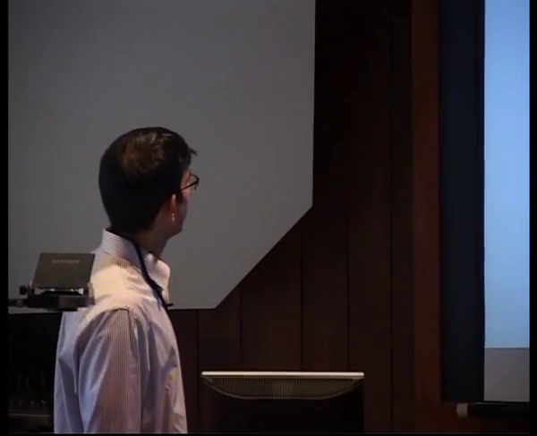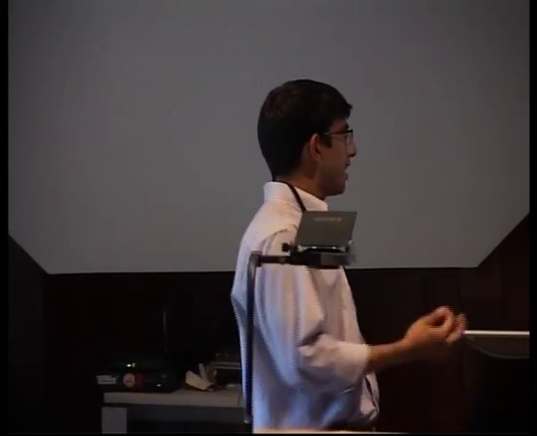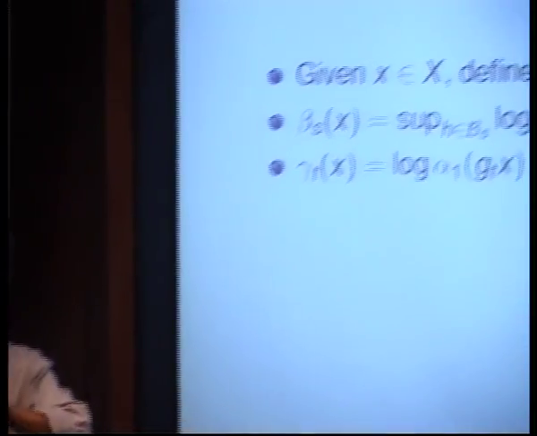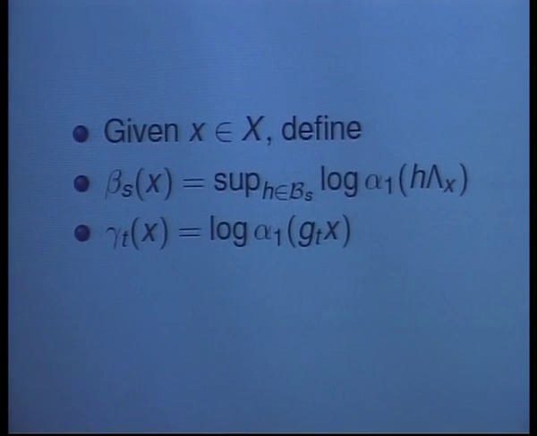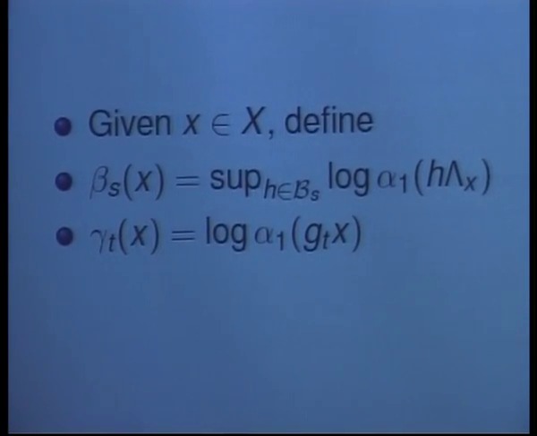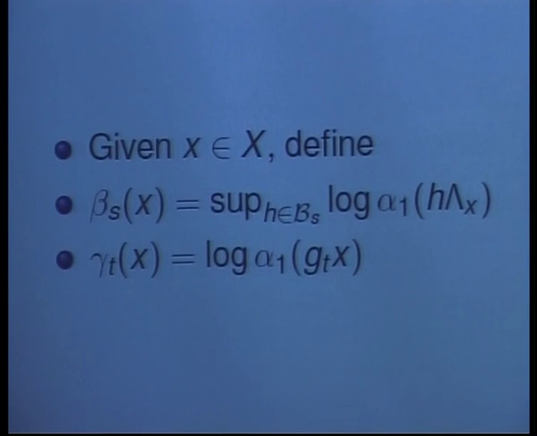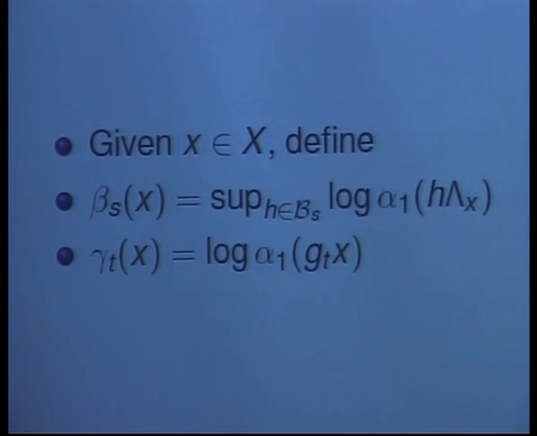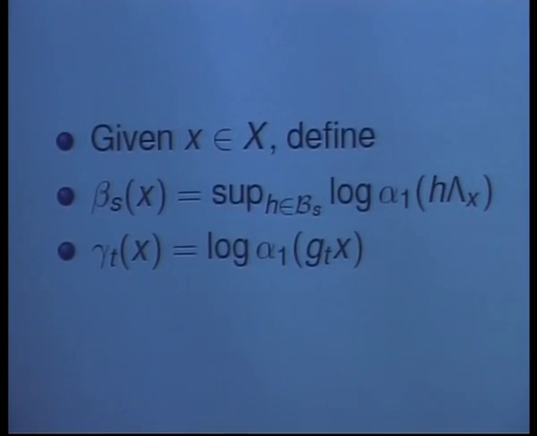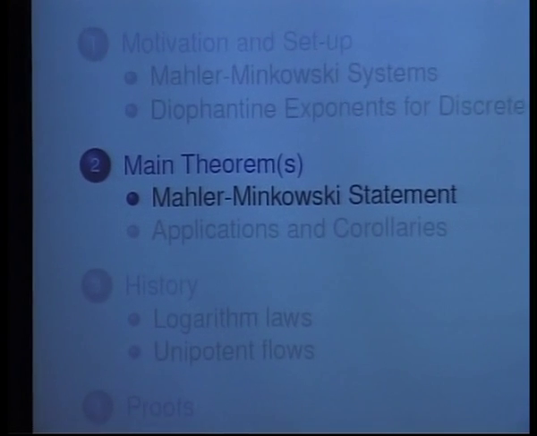And similarly, gamma_t(x) is log alpha 1 of g_t x. So beta_S is telling me how far this big leaf, which I can think of as this high dimensional thing, what's the worst it's gone? How far has it gone in? And gamma_t(x) is telling me, at this particular snapshot in time, how far this particular orbit is in the non-compact part.